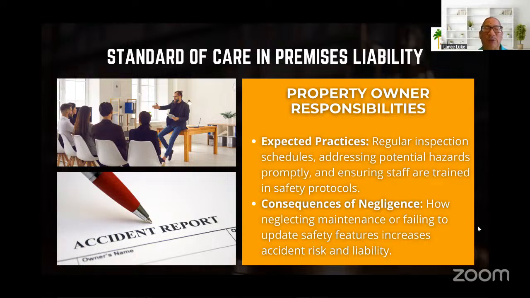So the owner expects the manager to do all these things: regular inspections, scheduling repairs, address potential hazards promptly, and ensuring staff are all trained in safety protocols. Not only your repair and maintenance people, but your landscaping people, your janitorial people, your security people. Everybody got to be trained the same way.